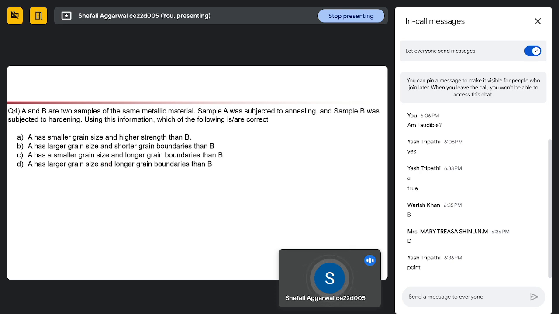A has smaller grain size and higher strength than B. A has larger grain size and shorter grain boundary than B. A has smaller grain size and longer grain boundary than B, or A has larger grain size and longer grain boundary than B. Anyone? Any guess?